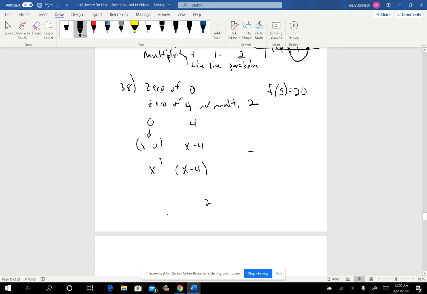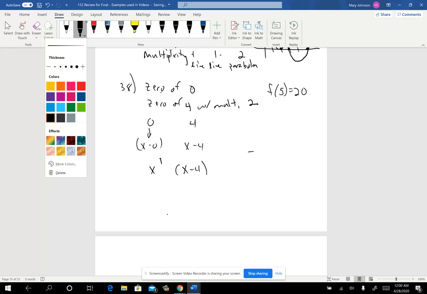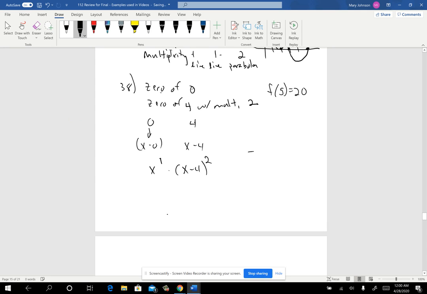All right, let me put that back where it's supposed to be. Oops. All right, and that's a little times right there. So basically, you've got a polynomial that has zeros at 0 and 4 with multiplicity 2.